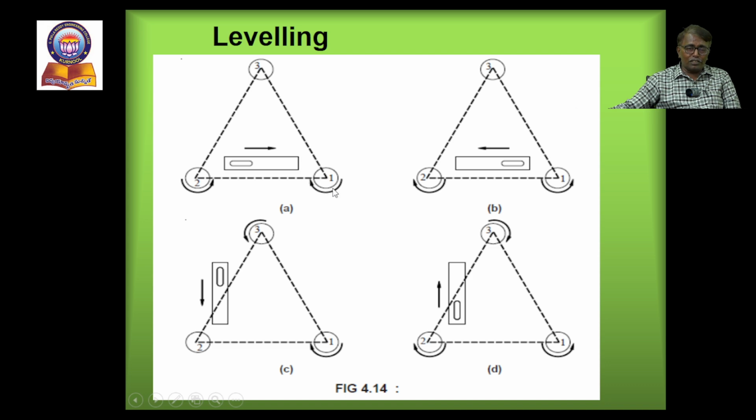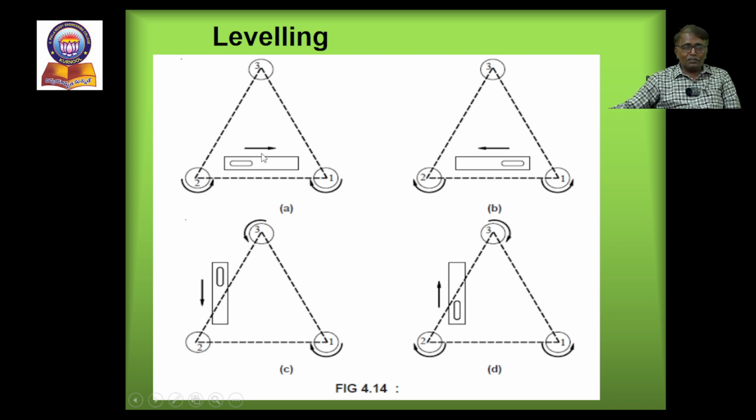That means one in the clockwise direction and one in the anti-clockwise direction, so that the bubble comes to the center of its run. Now the bubble is here. By rotating inwards, the bubble will move in this direction.